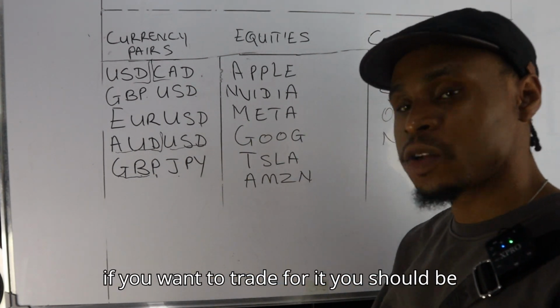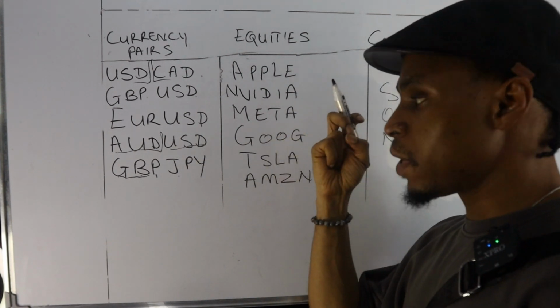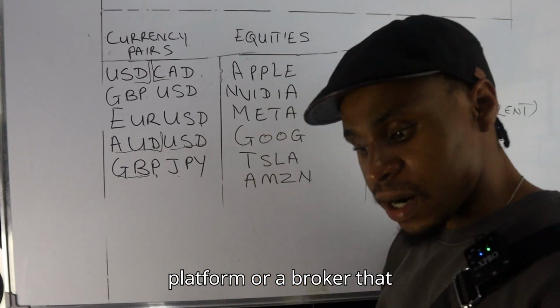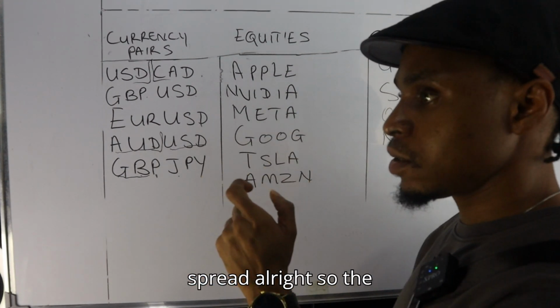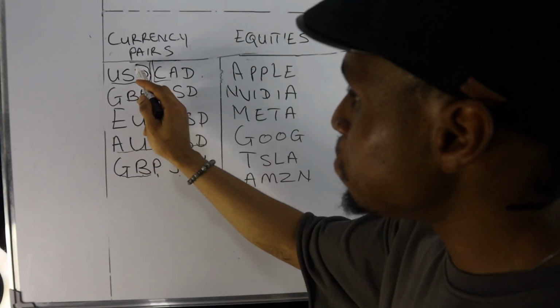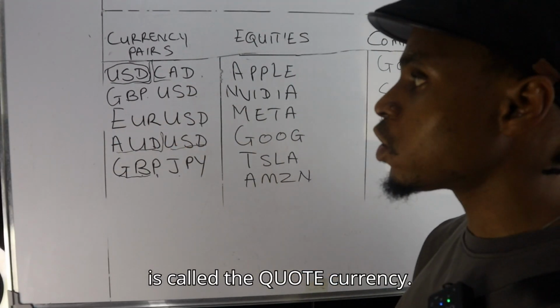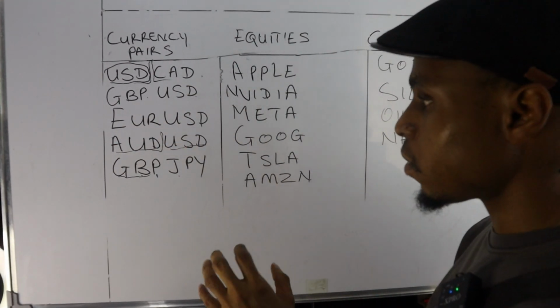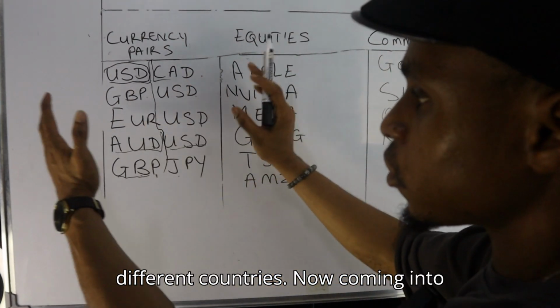If you want to trade forex, you should pay attention to a broker that offers a tight spread. The first currency is called the base currency, and the second currency is called the quote currency. Remember, these are two different countries.